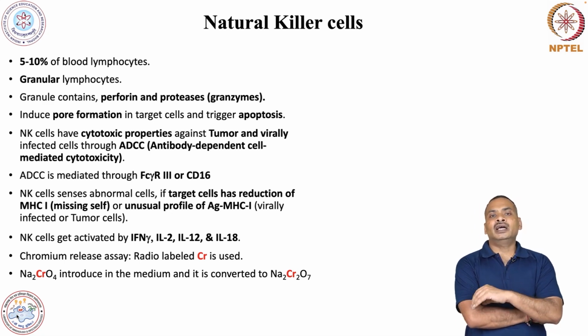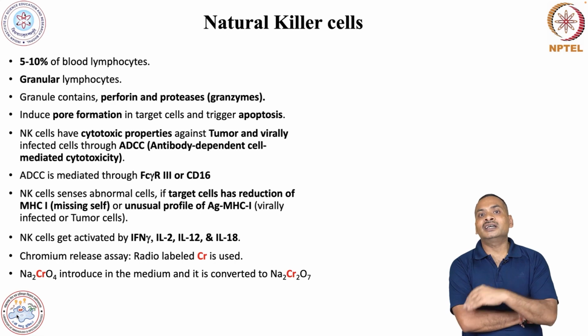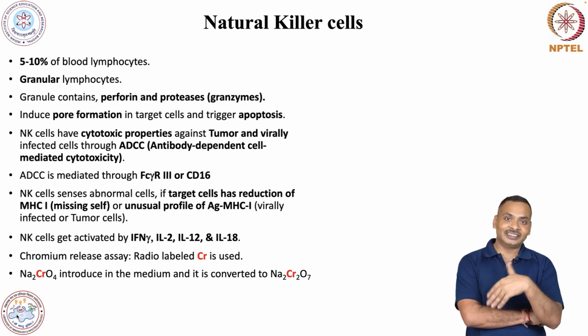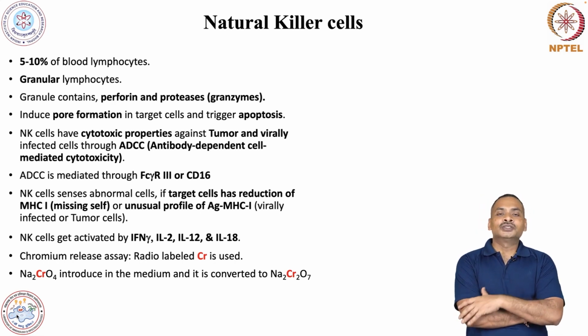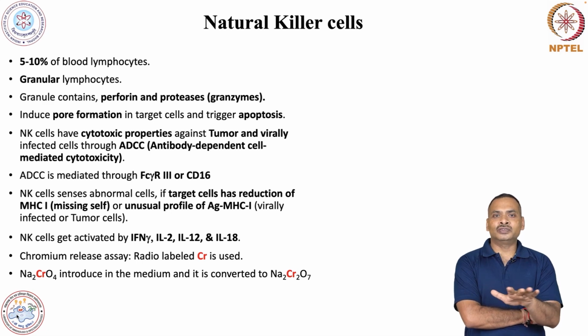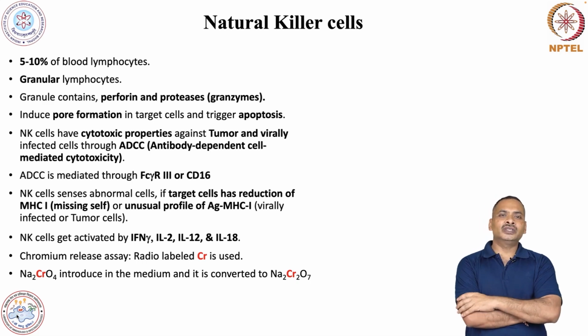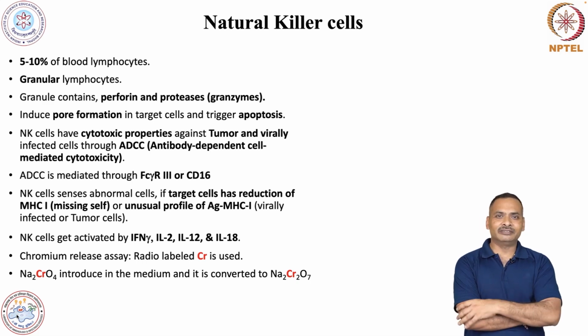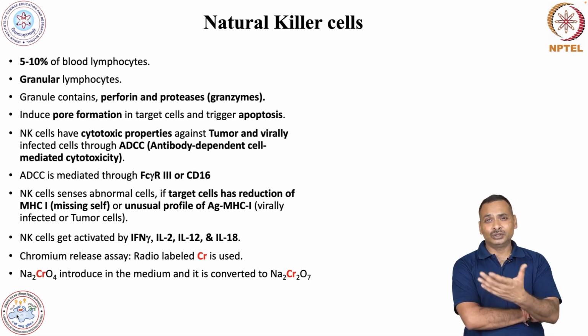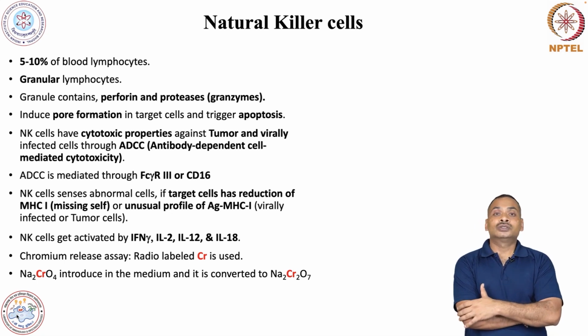In that way we can assess the NK cell activity. So this is one very simple experiment. This is a very gold standard experiment. However, these days, since you know that radioactivity has a lot of problems, we don't use radioactivity. So we have another way.